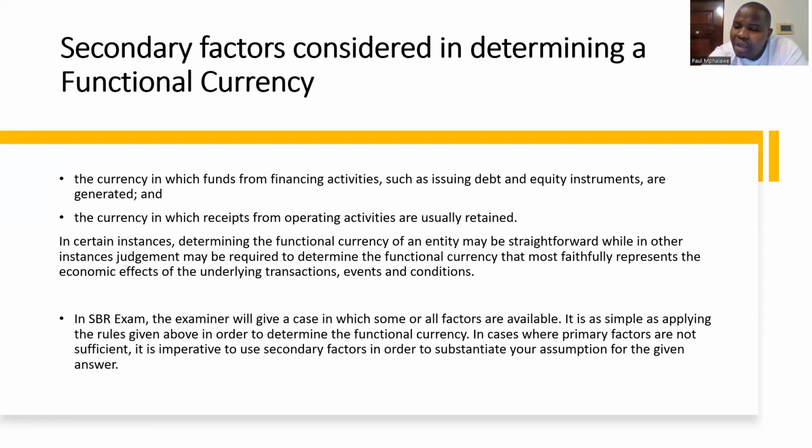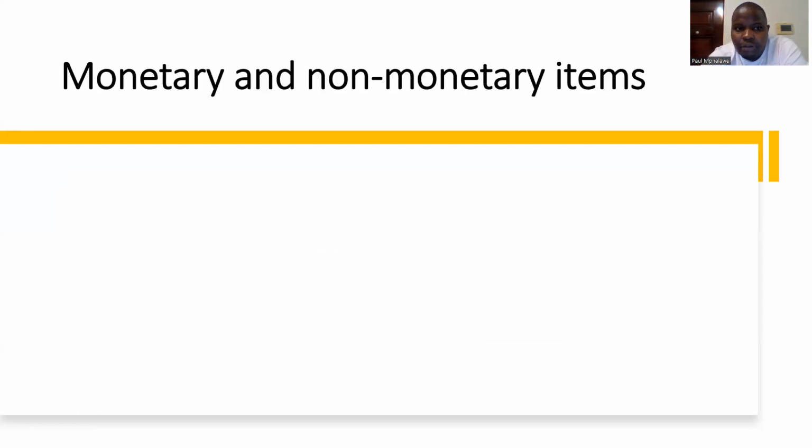In cases where primary factors are not sufficient, it is very important to use secondary factors in order to substantiate your assumptions for a given answer. So the examiner will check the evidence provided in a given case and award you marks based on the facts that you've given. So you've got to defend your assumptions. Your assumptions should have evidence according to the given case scenario.